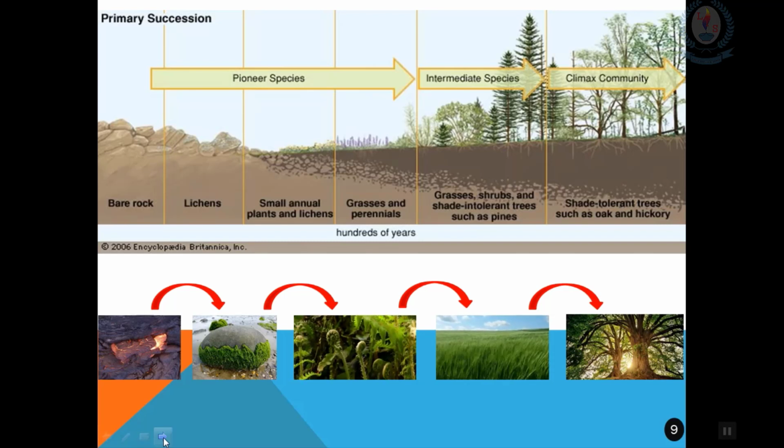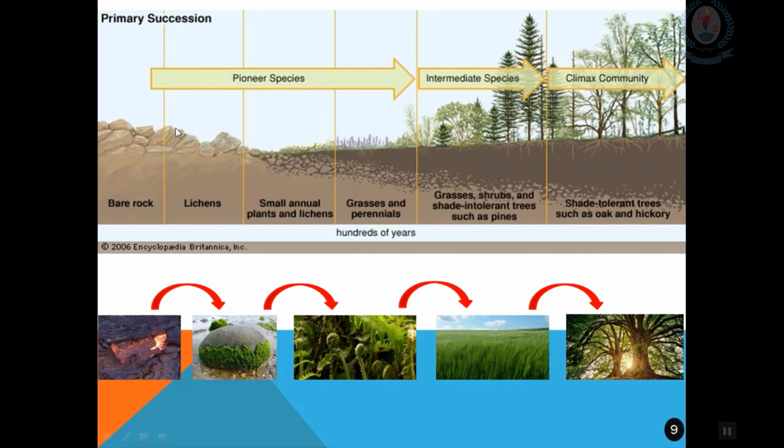As the new soil is formed, other species like ferns and grasses can establish their root systems inside the new soil, and eventually the new soil layer will develop into more layers. More water and nutrients will be available, and gradually other larger plants can also grow in this environment.